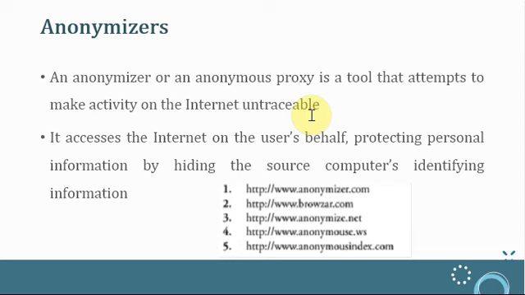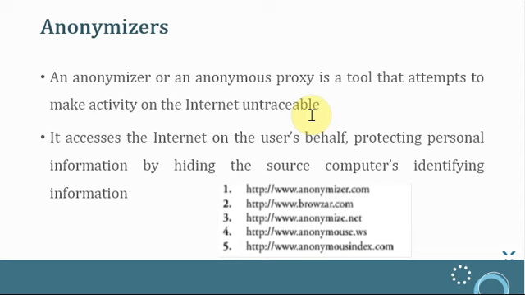It accesses the internet on behalf of the user, protecting personal information and also hiding the source computer's identifying information. So overall, it accesses the internet on the user's behalf, and along with that, it is also going to protect the personal information.